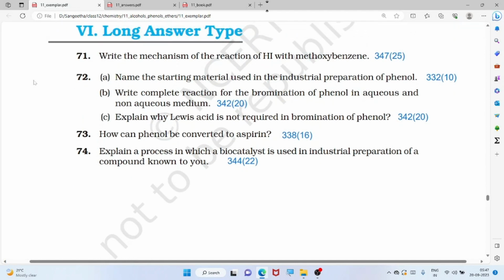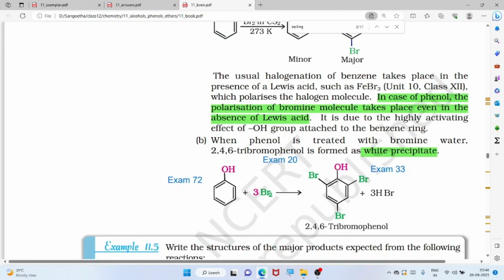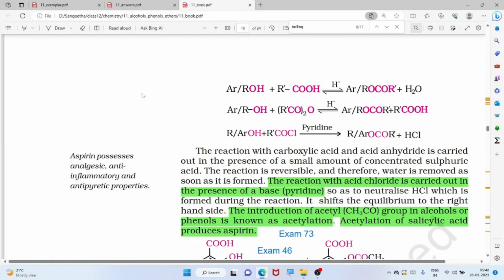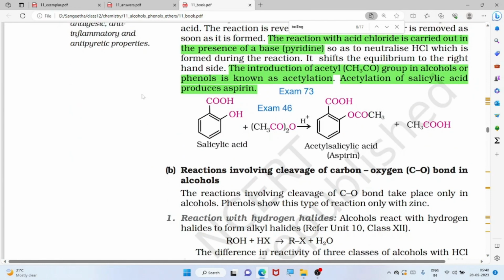How can phenol be converted into aspirin? This is aspirin, okay. Already there was an answer on how we convert phenol to aspirin.